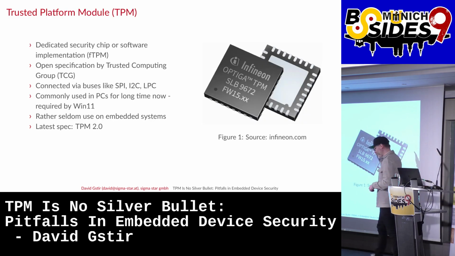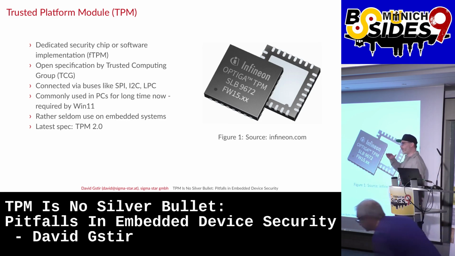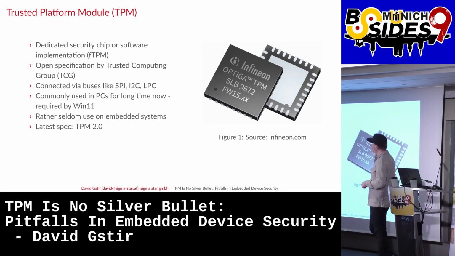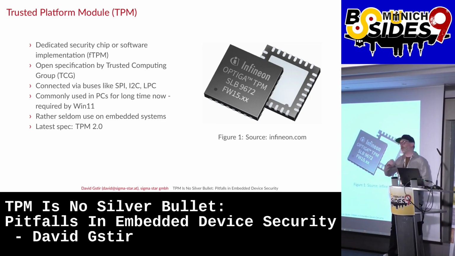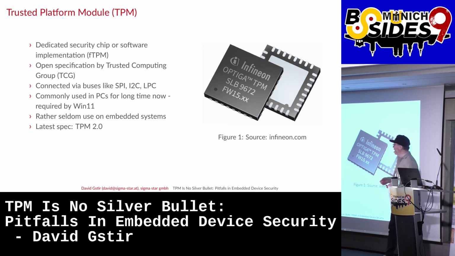Okay, let's start. What is a TPM? I assume most of you know or have heard of it. Just to briefly recap, a TPM is either a dedicated chip on your device, on your mainboard, or it can also be implemented in software. Then it's often called an fTPM, so firmware TPM, but that's just one kind of software TPM.